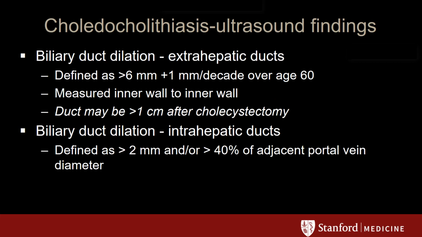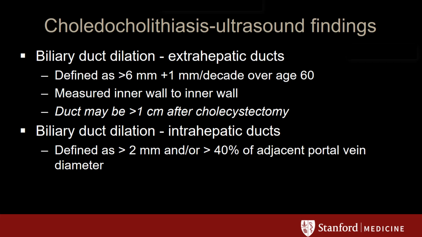So normal bile ducts should be less than 6 millimeters. Biliary dilatation is defined as greater than 6 millimeters plus 1 millimeter per decade over age 60. It's measured inner wall to inner wall. Of course, after cholecystectomy, your ducts are allowed to be a little bit larger in caliber as a reservoir effect.